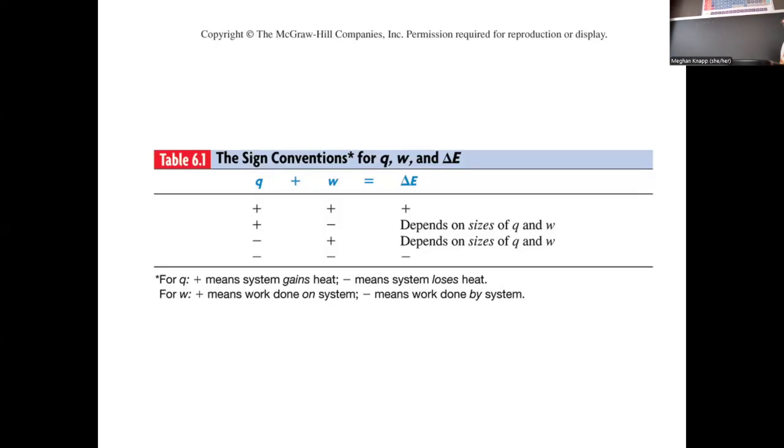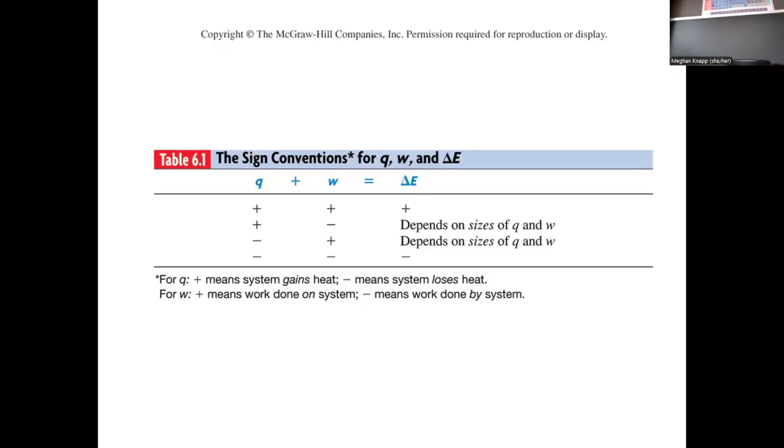On this whole big thing, the main thing that you want to pay attention to is this line right underneath here. Because like I said, we're mostly not going to be looking at the work, but we need to know that when Q is positive, energy is going into whatever we're looking at, what we call the system. And when Q is negative, energy is leaving that material or object. That's the big idea there.